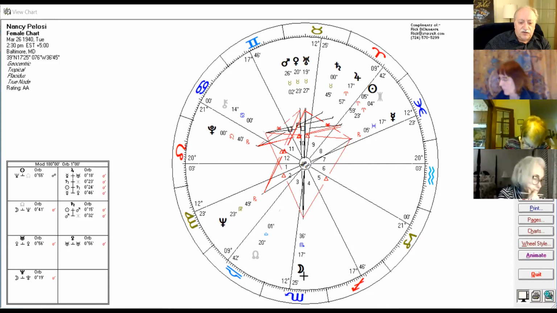Well, we see that her moon is very powerful because it's pretty close to the nadir. It's 5 degrees from the nadir, and it's 17. It's only 3 degrees from squaring her ascendant. So a planet that is close to squaring the ascendant is extremely powerful, which means that she is very lunar.